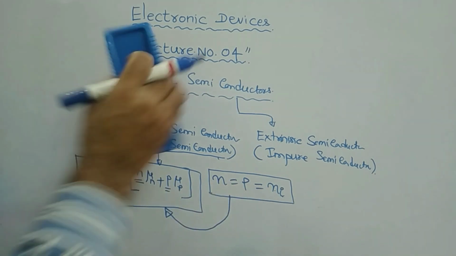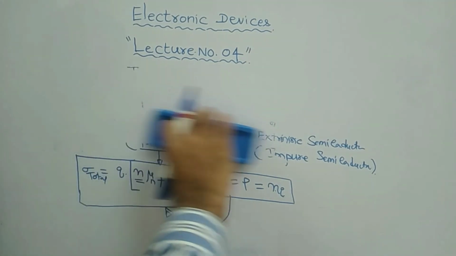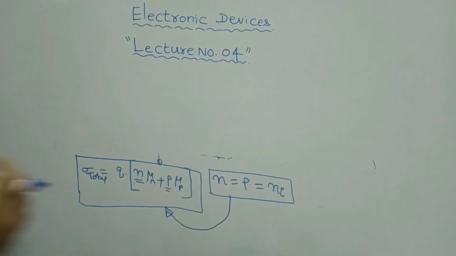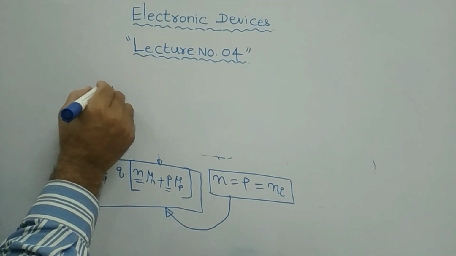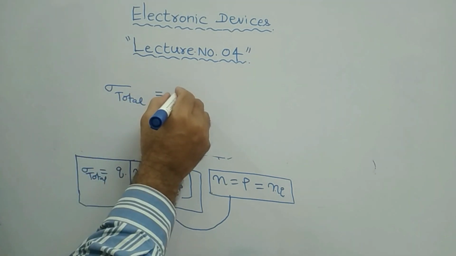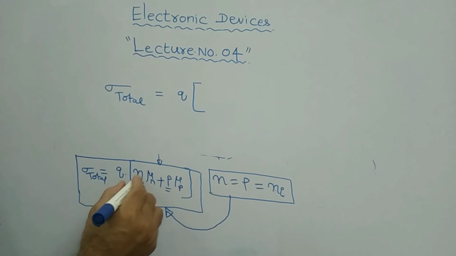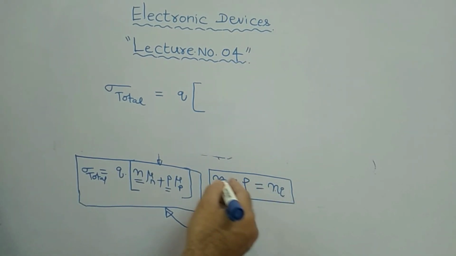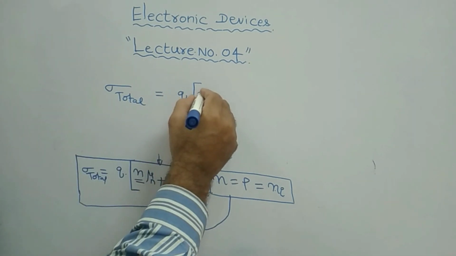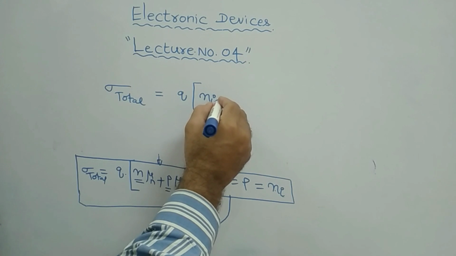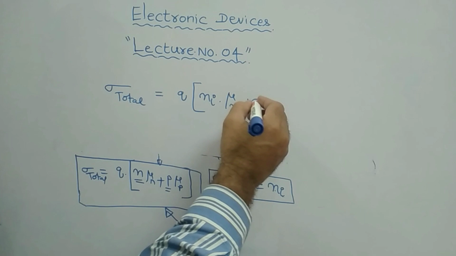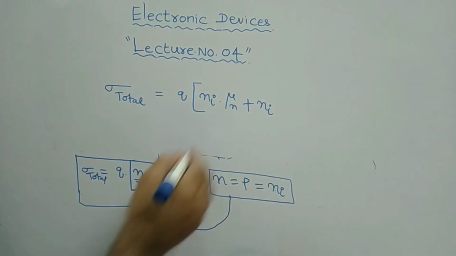If you substitute that value, you get sigma total, where sigma is conductivity, equal to q times n, which is n i, into mu n, plus p, which is also n i, into mu p.